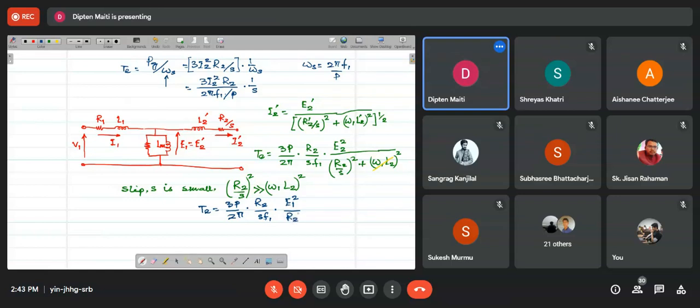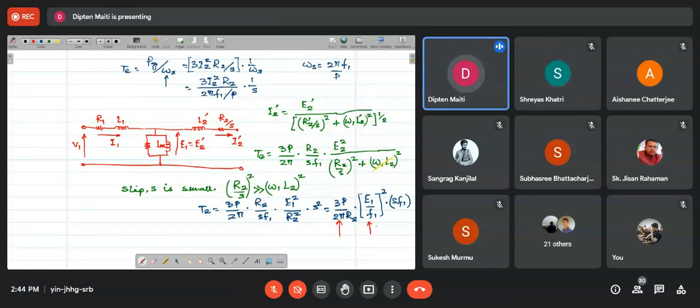R2 squared, a squared, or this is equal to a constant part, then s f1. So this part is a constant by itself.